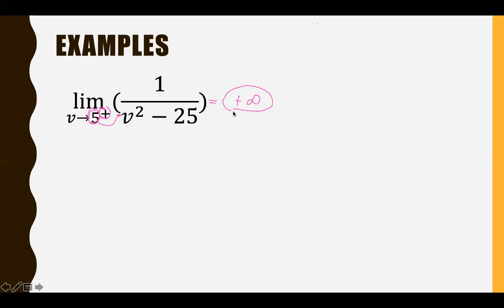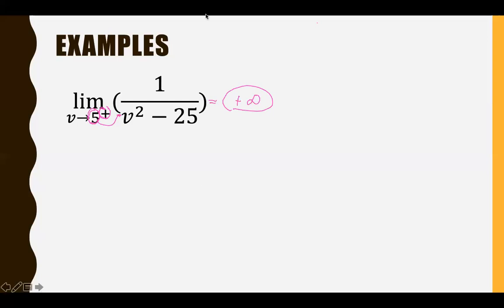You can scan over the theorem flashed earlier, and you will see in the first one that the limit of 1 over x to the power of r as x approaches 0 from the right will always be equal to positive infinity. So the answer for this limit is positive infinity. Meaning values of y as v approaches 5 from the right are increasing indefinitely.